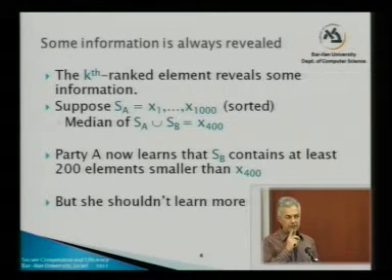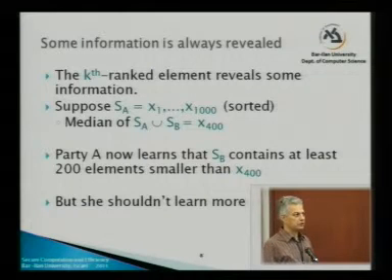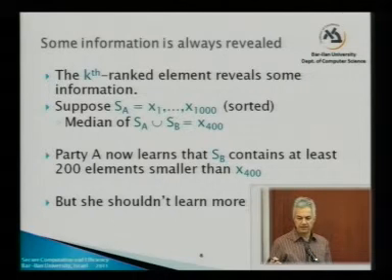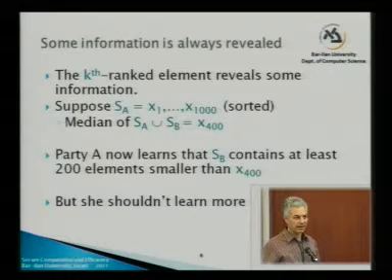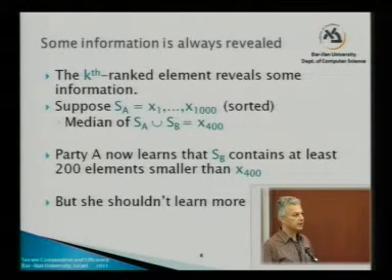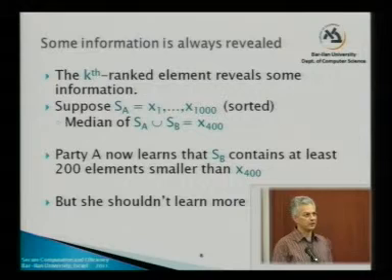So it's obvious that if we compute the kth element, we do reveal some information. Look at this example. Suppose Alice has 1,000 values sorted, and suppose she learns that the median of the union of her set and Bob's is the 400th element in her set.